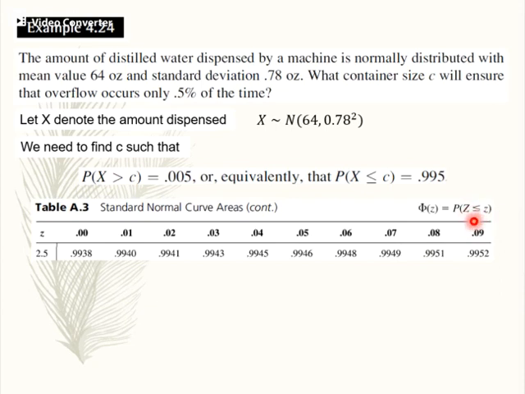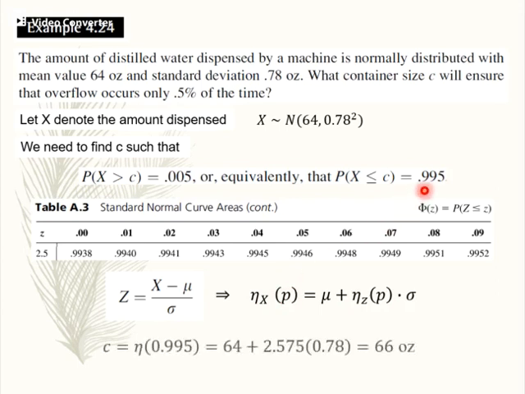But remember, this is in terms of your Z distribution, your standard normal. That's not what they asked for. X is not standard normal, so we need to take that value of Z and convert it to a value of X. We just rearrange this formula. I've already found my z for P, where P is 0.995, and I'm going to use this formula to get my x for P. In this case, I like to use C because it's easier to write, but it's equally correct to write eta 0.995.